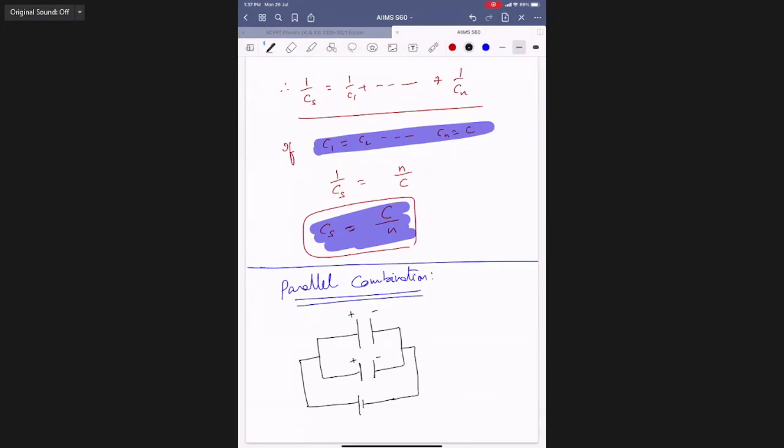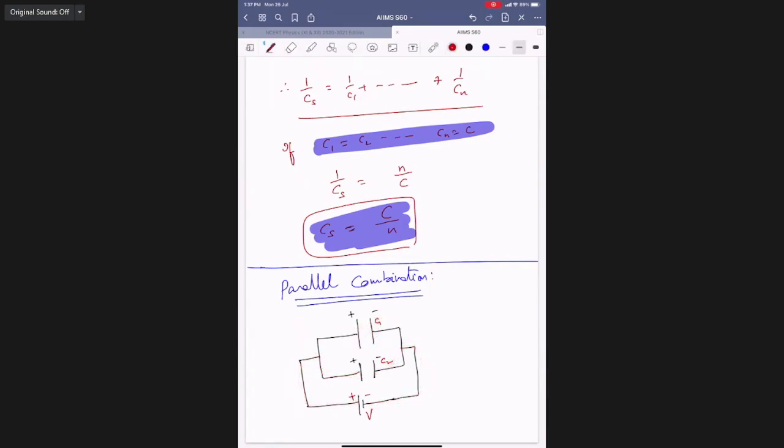If you ignore this one capacitor, the other has plus minus, V is there. Let us assume its capacity is C1, its capacity is C2. Then if you ignore this one, directly the capacitor is connected to the battery only. If you ignore this one, this is also directly connected to this battery.